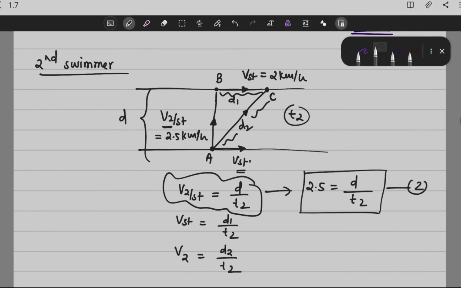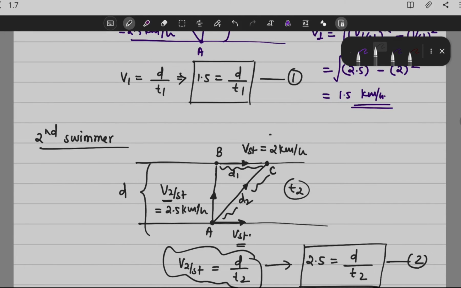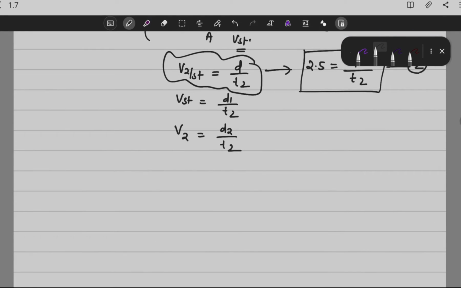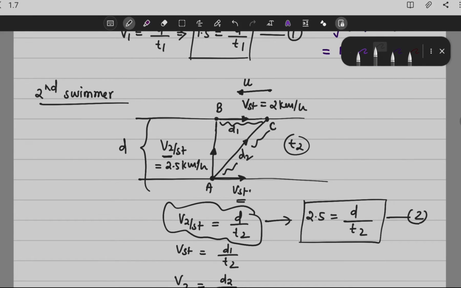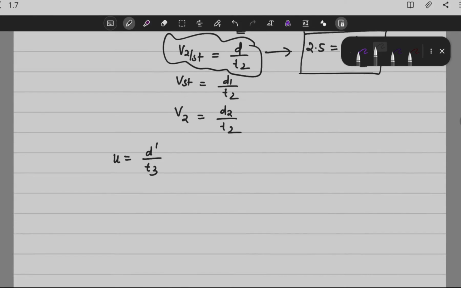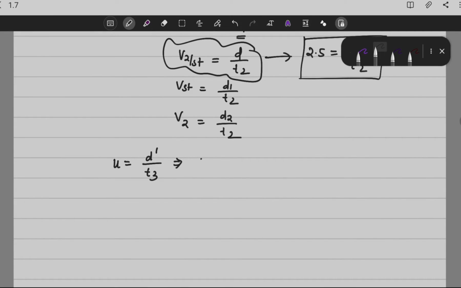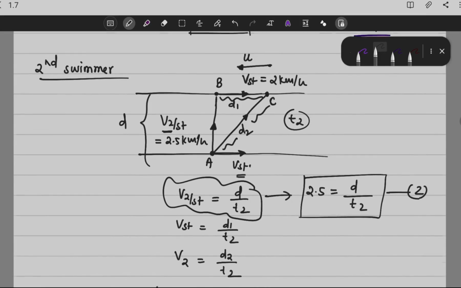Now after reaching point C, the swimmer is walking in this particular direction with velocity u. So we can write u is equal to the distance divided by t3, because we have assumed that it is taking time t3 from point C to point B. Okay, so for u we can write d dash.